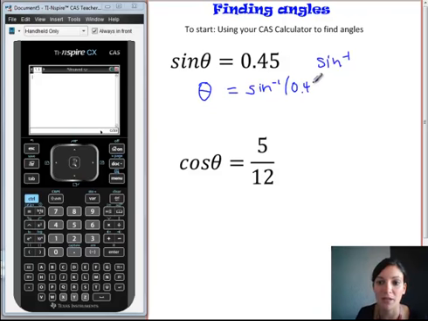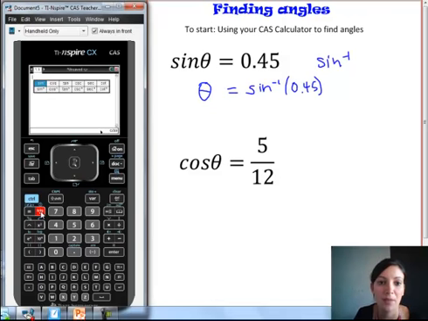Okay, and then we can type that into our calculator, which is really simple. If you go back to where your trig functions are, you'll notice that under the sine button, there is an inverse sine button. So you would click that and then put in the value, so 0.45, and then Control Enter, and you'll get 26.7437.